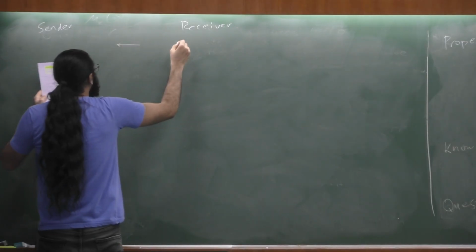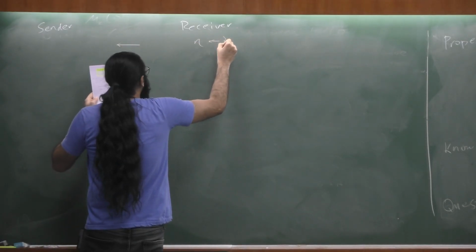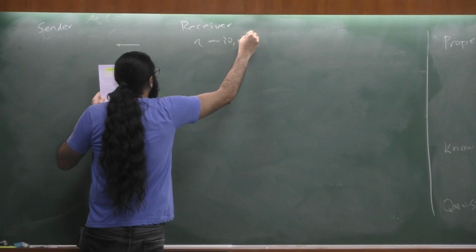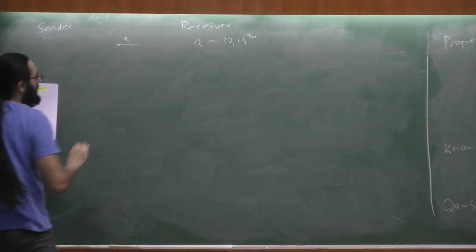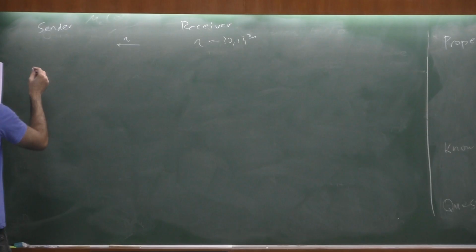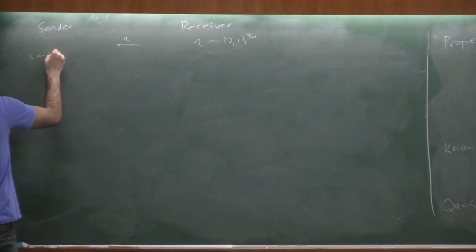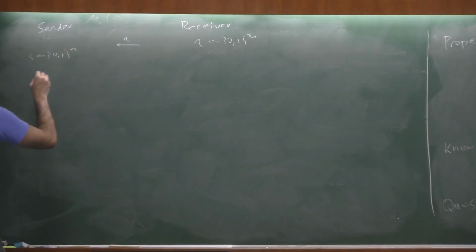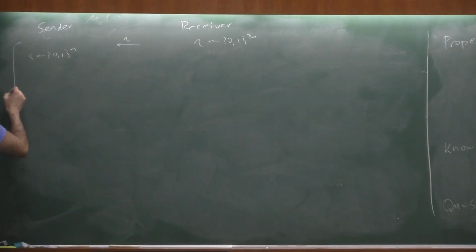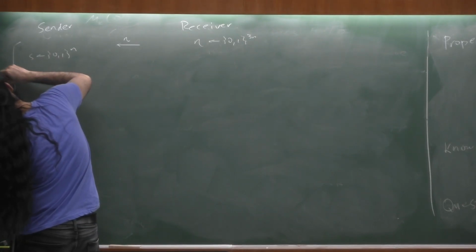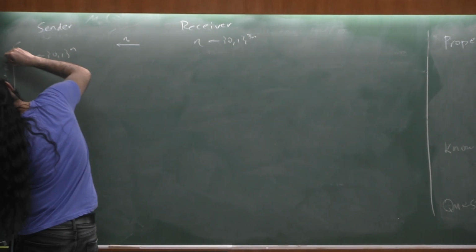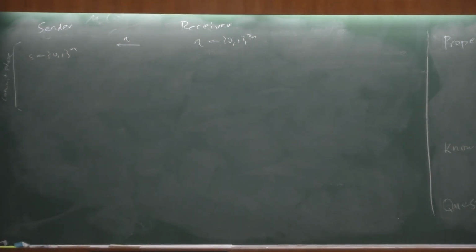So the receiver sends a 3n-bit string eta to the sender. The sender samples a seed of n bits. This is the commit phase.